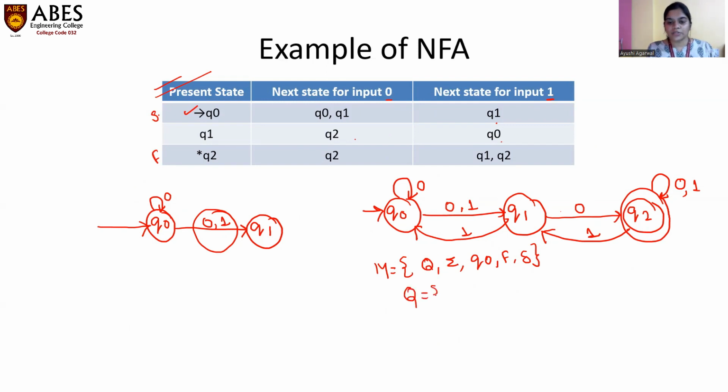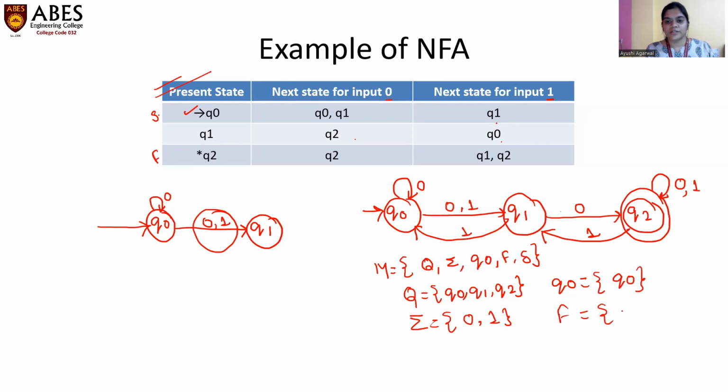Over here, capital Q is Q0, Q1, and Q2. Sigma means input symbols, so over here the input symbols are 0, 1. Q0 is the start symbol. F represents the final state, so the final state symbol is Q2. So this is how we can write all these tuples over here.